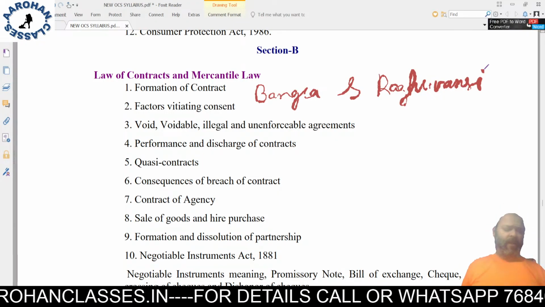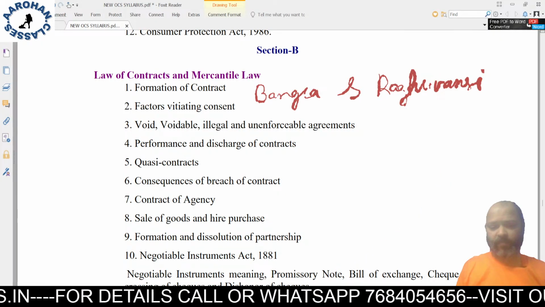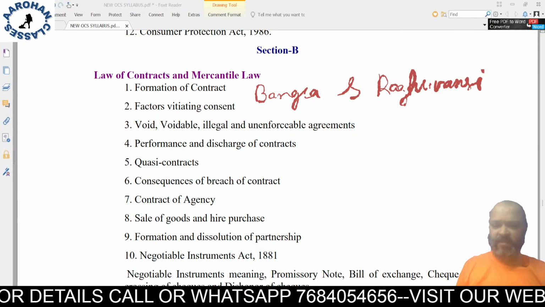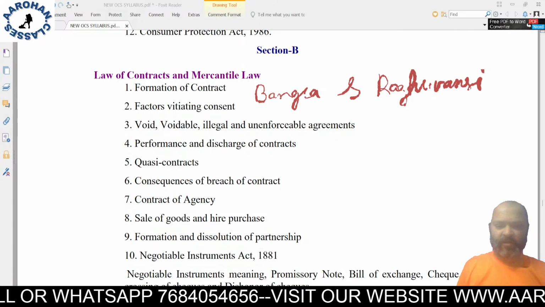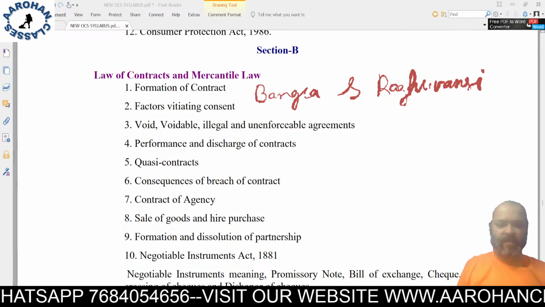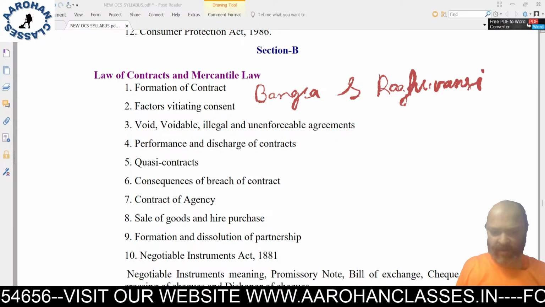The next important thing is the nature of this subject in civil services, Odisha civil service and civil service in general. I will discuss that now.